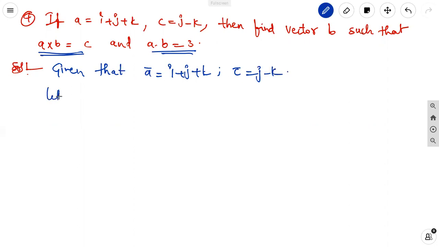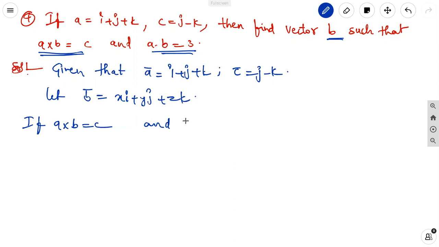Let B vector equal xi plus yj plus zk. Because we don't know the B vector, we find it from the relation A cross B equals C and A dot B equals 3.